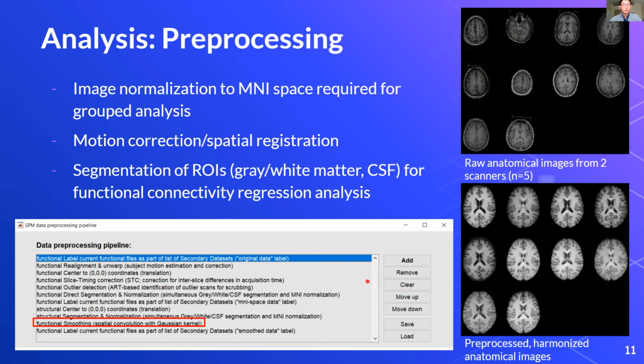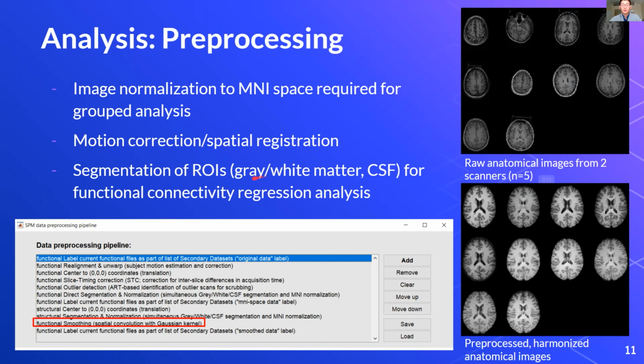And then the actual pre-processing pipeline is a little bit more interesting. In order to process the different functional scans together as a group, you have to normalize the images to MNI space. And since it's a 4-dimensional time course measurement, you have to adjust for motion correction and spatial registration.